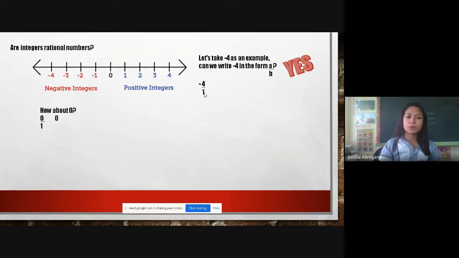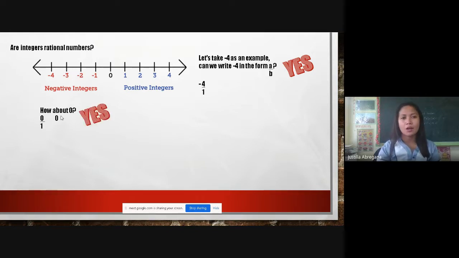How about 0? 0 can be written in the form 0 divided by 1, or 0 over 1. What is 0 divided by 1? It's 0 because 0 times 1 is equal to 0. So is it a rational number?